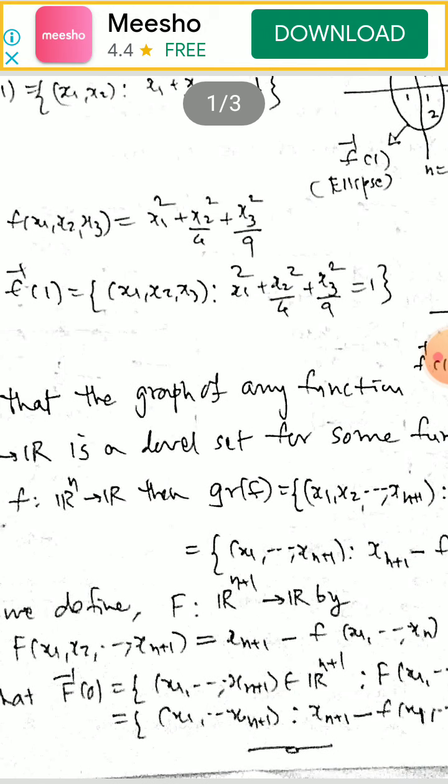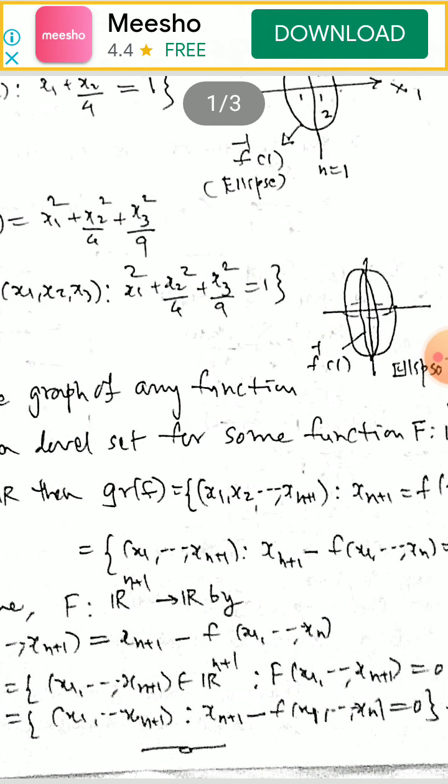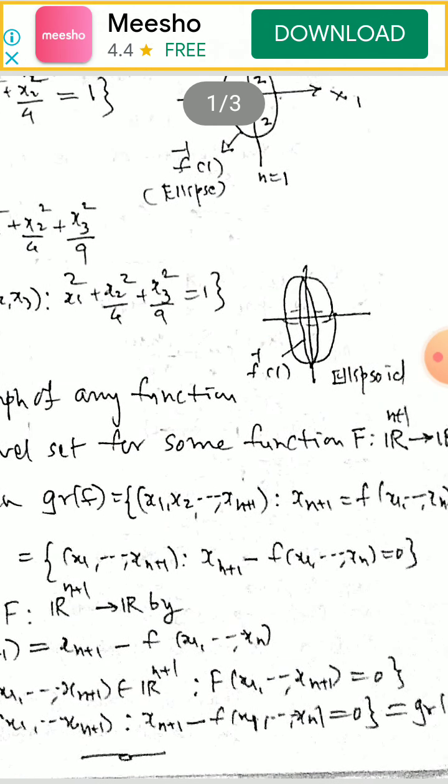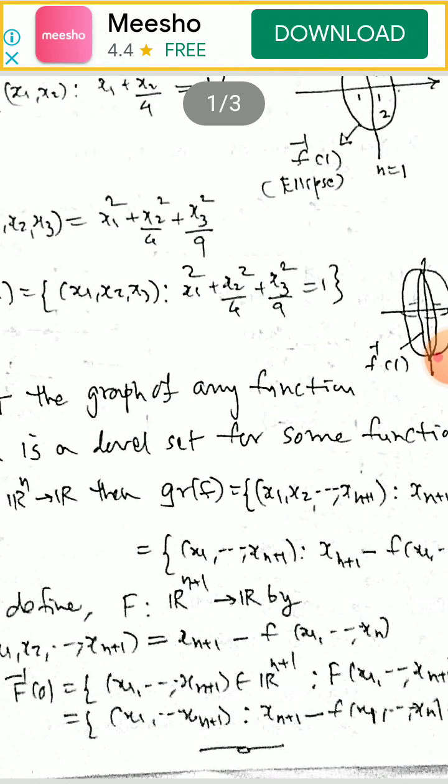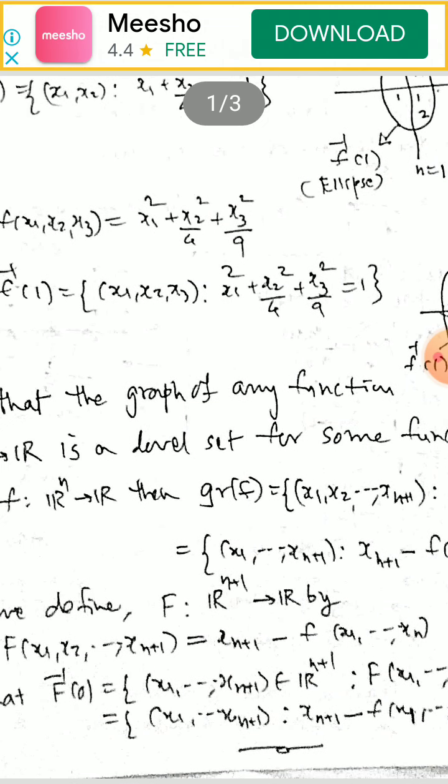Now we define a new function capital F from Rn+1 to R. The domain of this function is the set of all ordered n+1 tuples. So capital F of (x1, x2, ..., xn+1) is equal to xn+1 minus f(x1, x2, ..., xn). This is our function. Now for this function, recall the definition of F inverse c. Here I will take c to be 0.